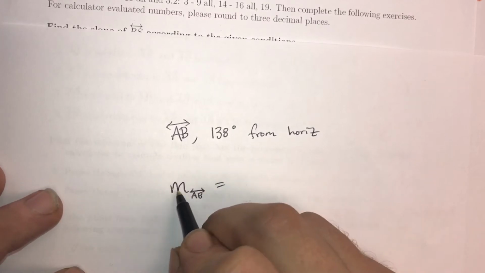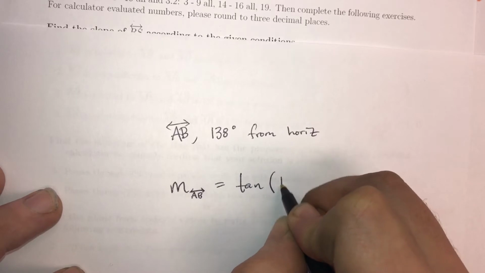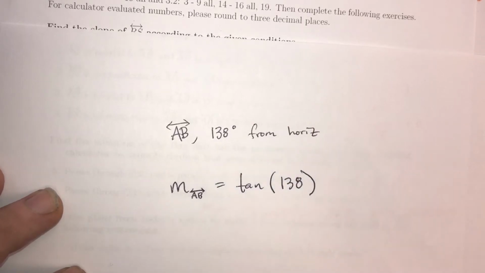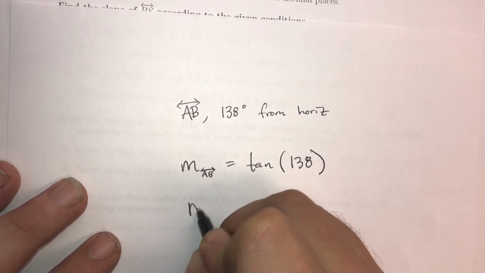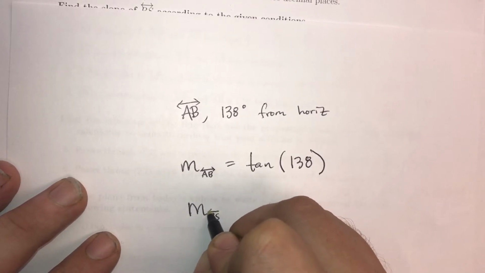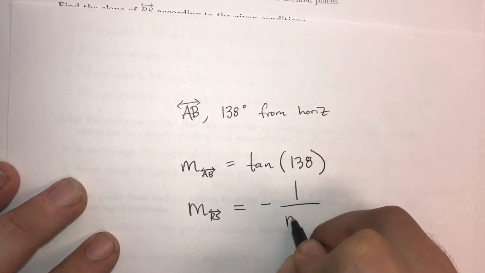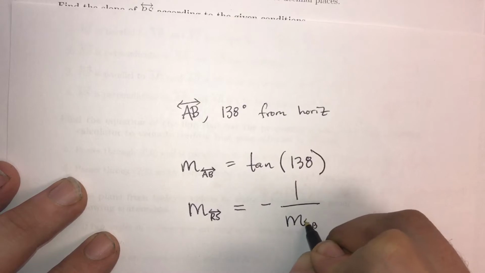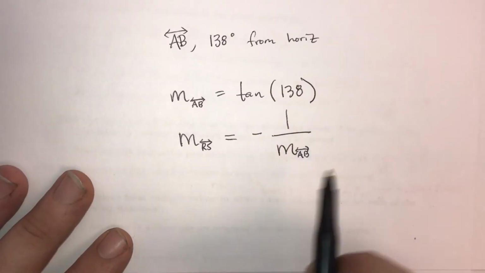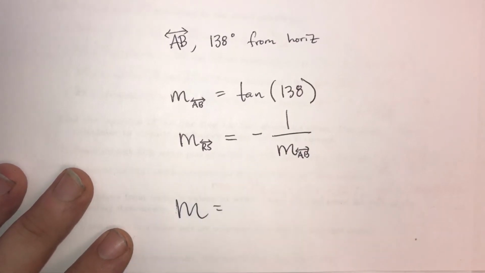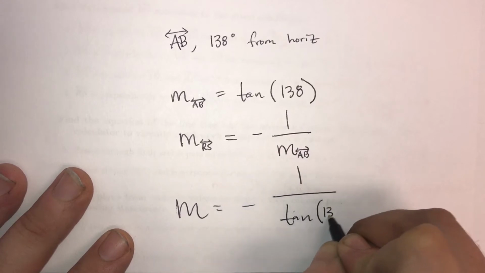Then the slope for line AB is the tangent of 138. Since RS is perpendicular, the slope for RS is -1 over the slope of AB. So when I did the problem, I skipped over all that, and knew the answer I was looking for was -1 over the tangent of 138.